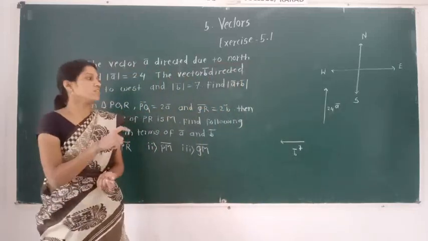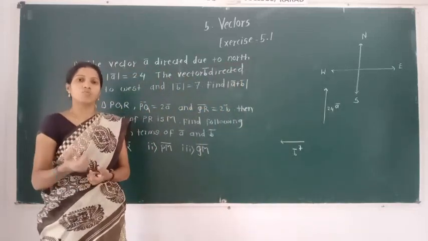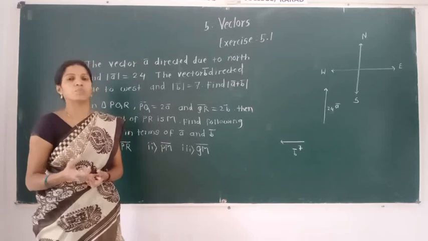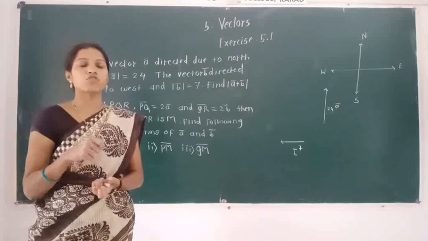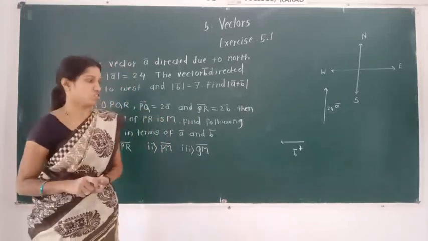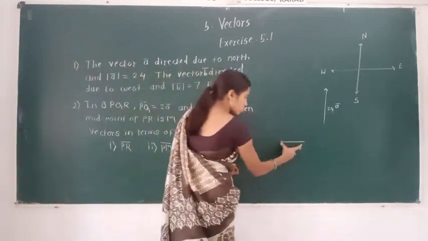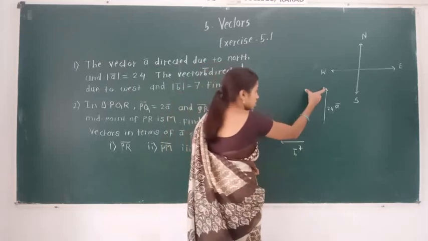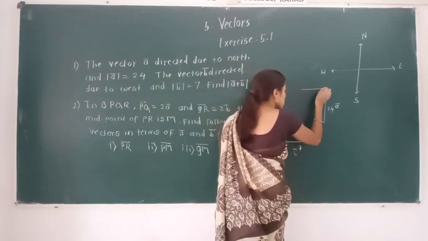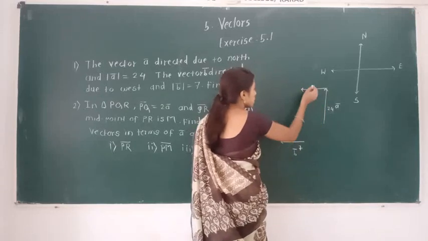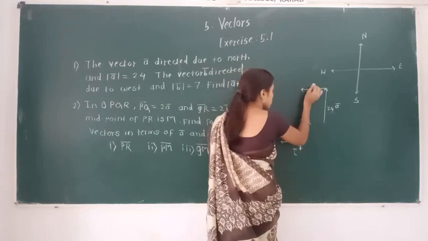And we consider these two as free vectors, and we know that a free vector can be shifted anywhere in this space without changing its magnitude and direction. Here we shift the vector B bar without changing its magnitude and direction.